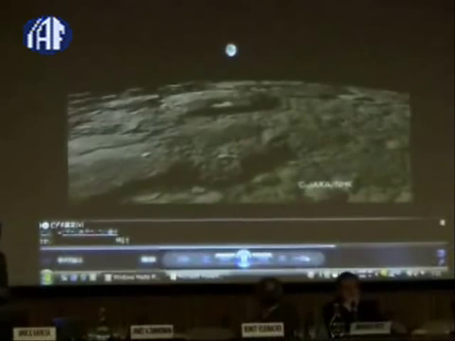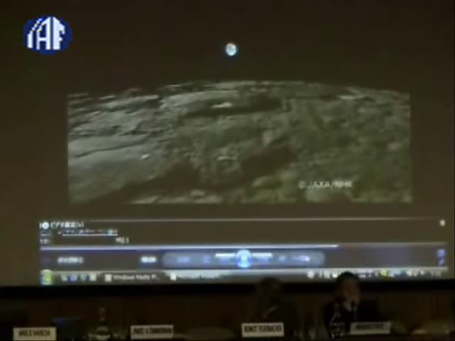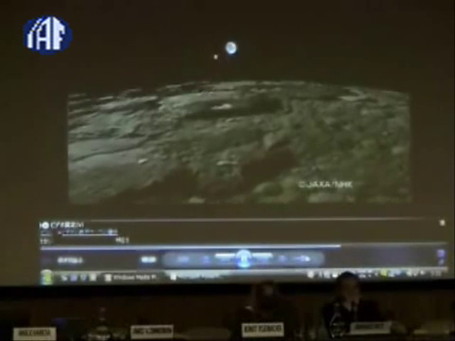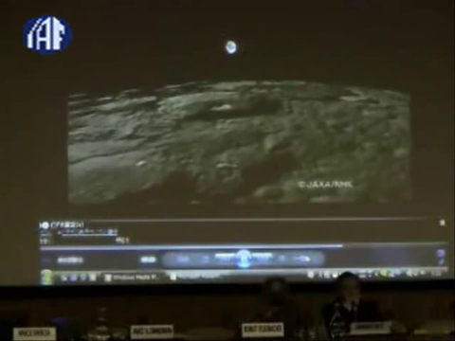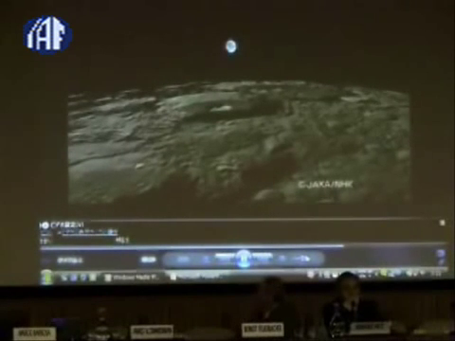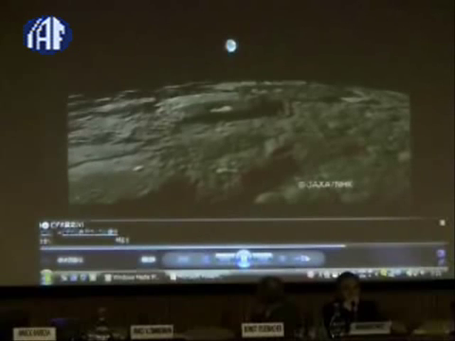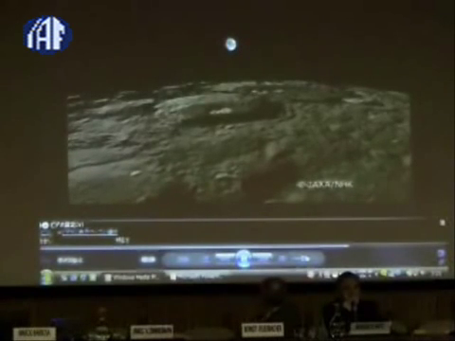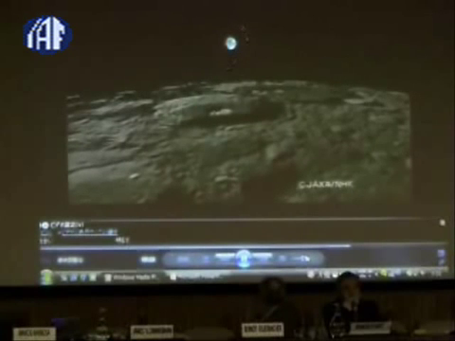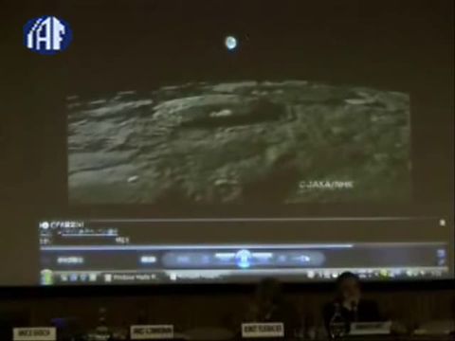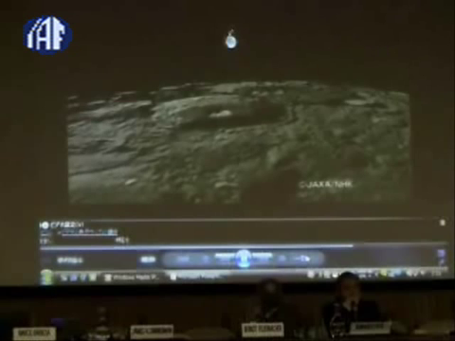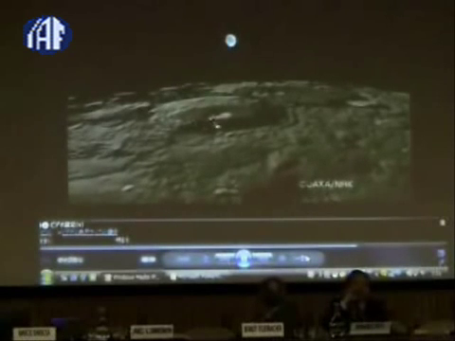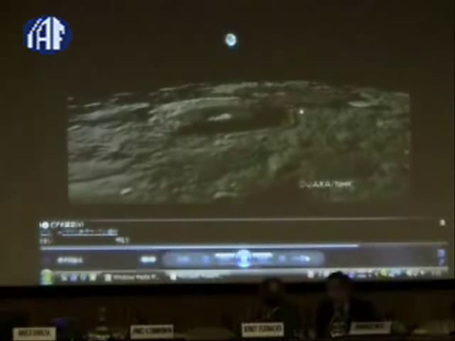Okay, in this case, we are flying over the North Pole of the moon. So here the Earth, and in this case the wide angle camera is used. So actually this Earth is smaller than the previous one. So in this case the north is this side of the Earth, and you can see the typical crater here.